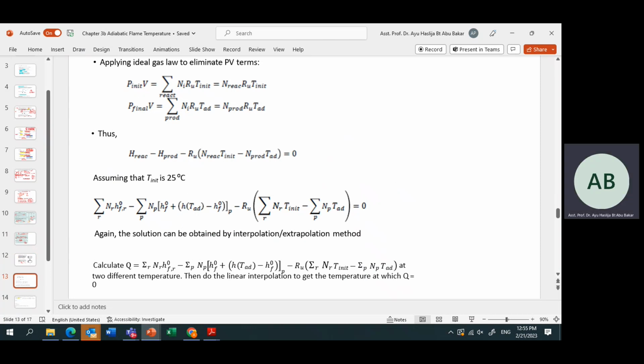We know that PV equals nRT. So PV initial equals PV final. Initial here refers to reactant. Final refers to product.